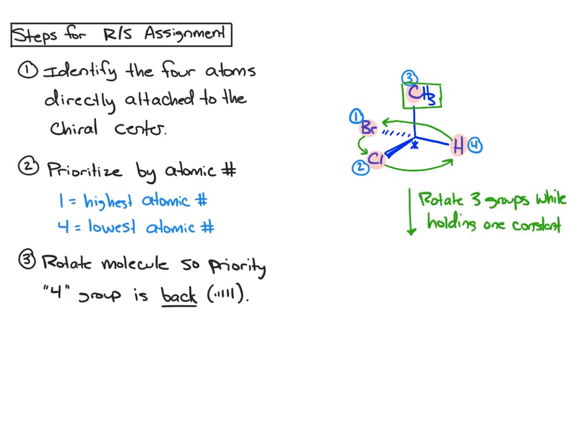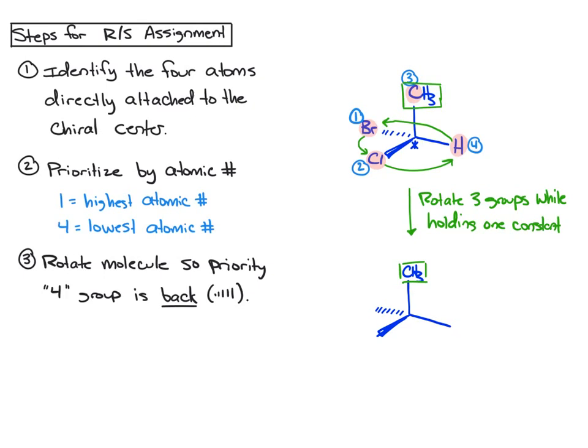When we do this, what you want to do is draw your main tetrahedron just like you have before. So I have my 2 bonds in the plane, my dash and the wedge. My methyl group, I'm leaving it right where it was because that's the one I held constant.